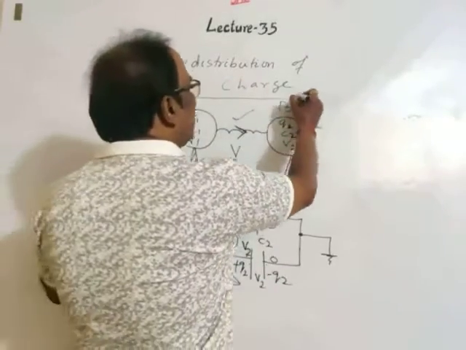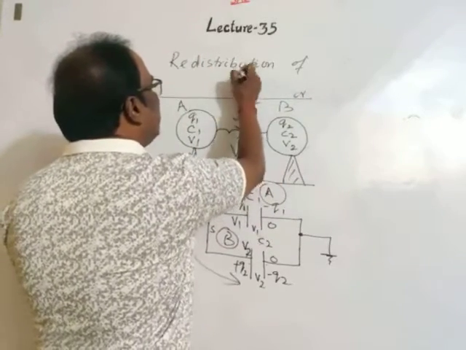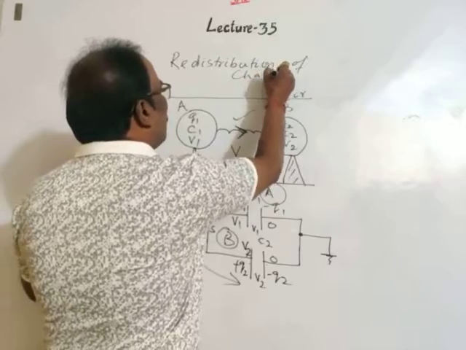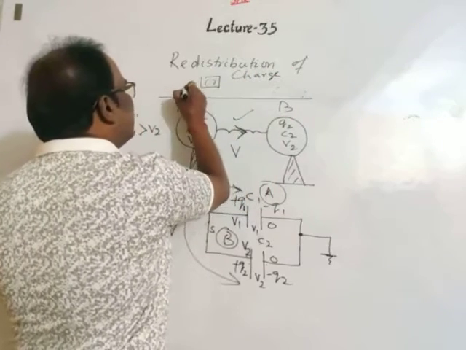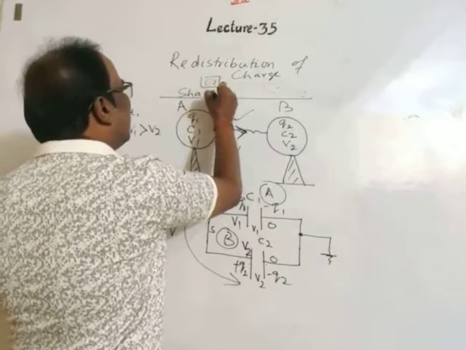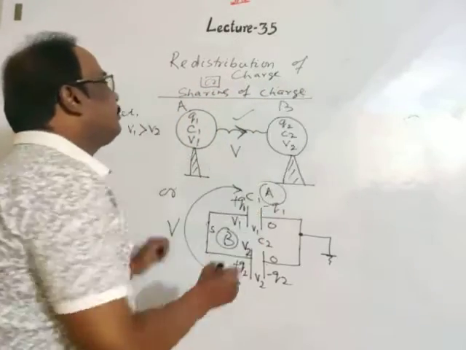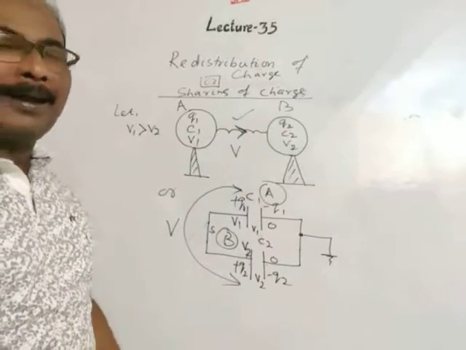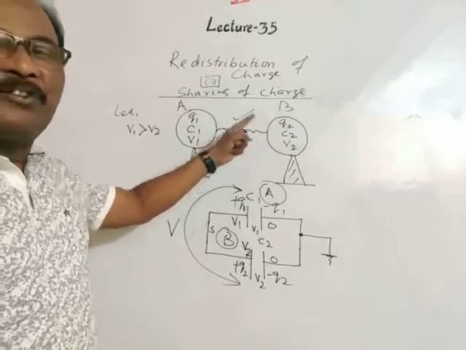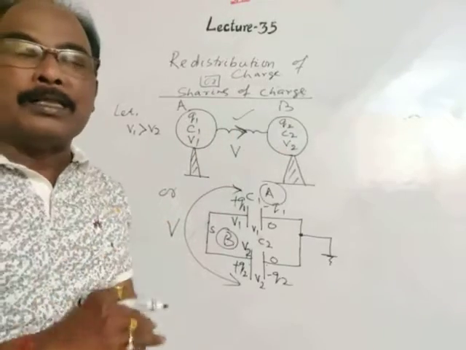The redistribution of charge, or we may say sharing of charge: if the bodies are brought in contact, then charge is shared. Charge flows from the body at high potential to the body at low potential.